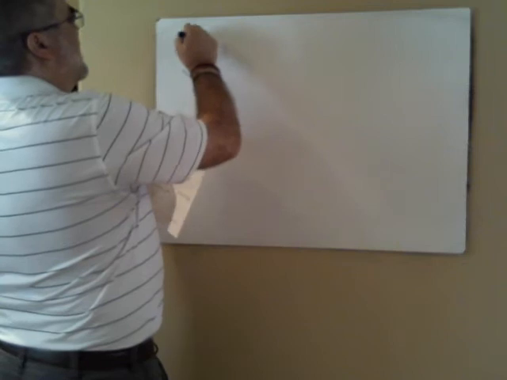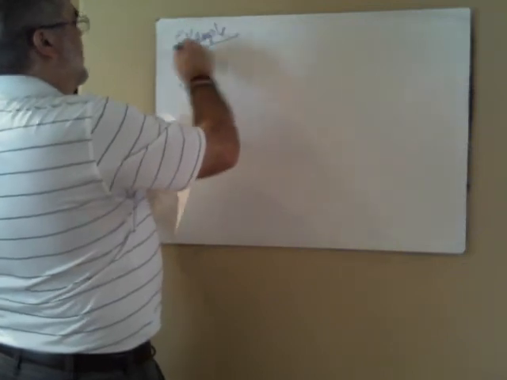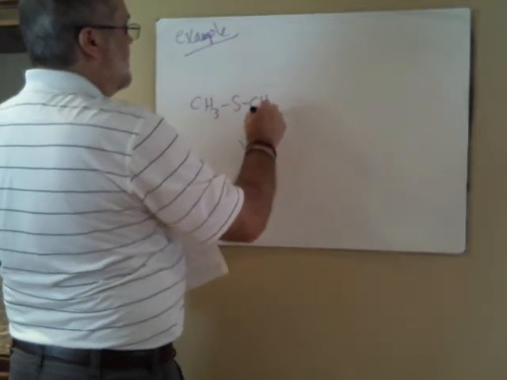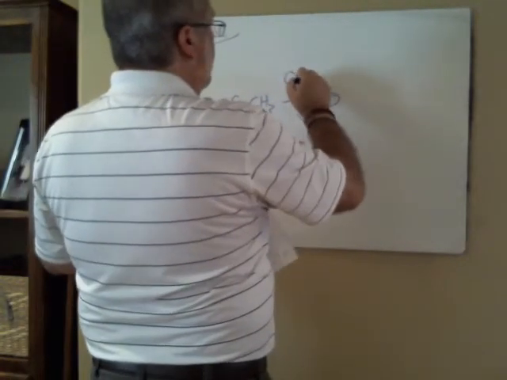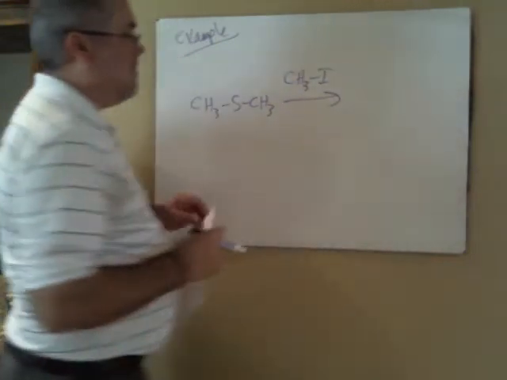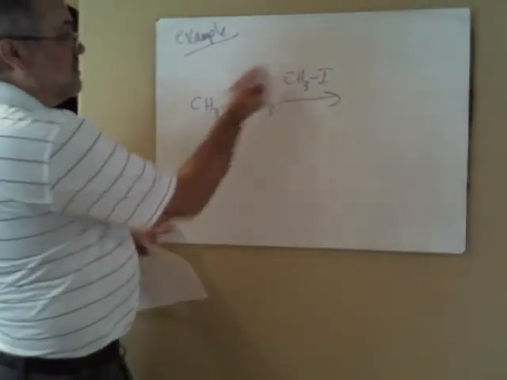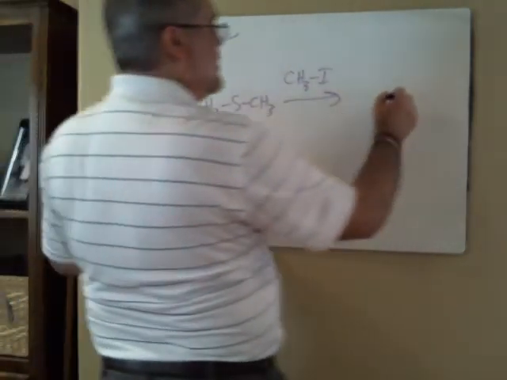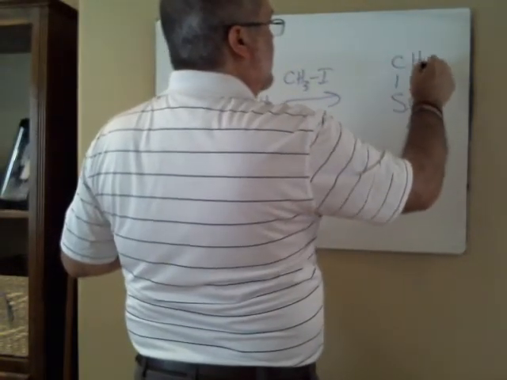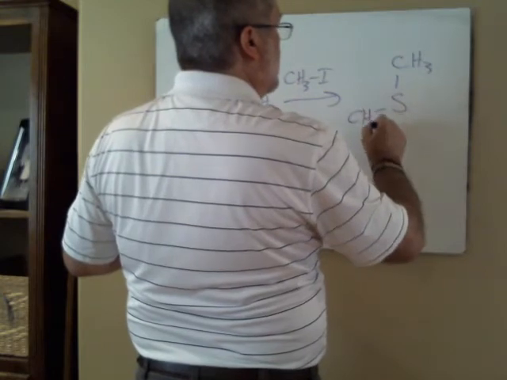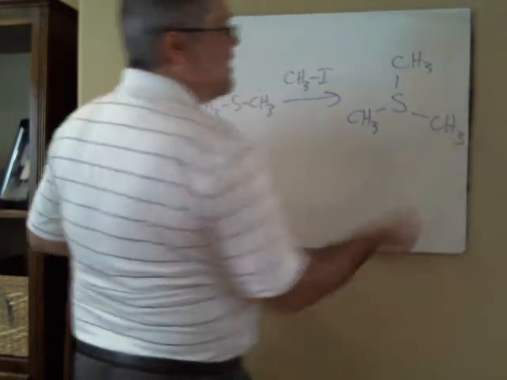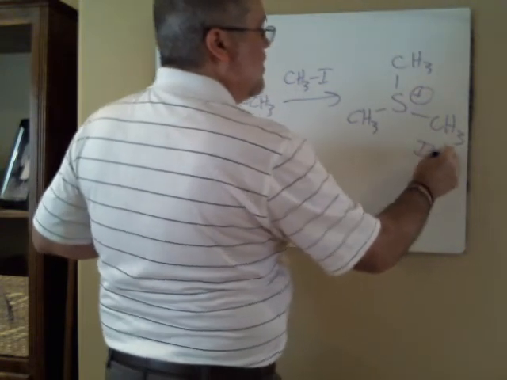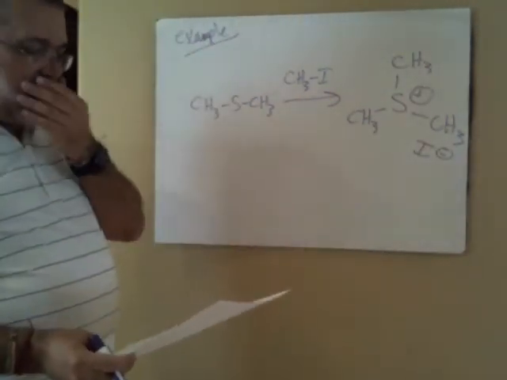So it's a biological reaction also. So you have a sulfide, and I'm going to react this with methyl iodide. Okay? And so it has a nucleophile. It's going to do the substitution. So that extra methyl group is going to go on. I have the two methyls that are already there. So this has a plus charge, and I have my counter ion, which is the I-.